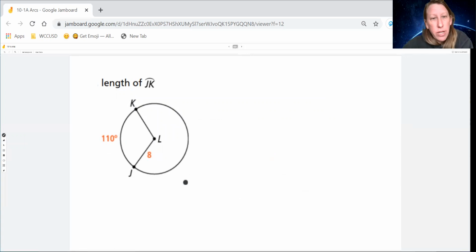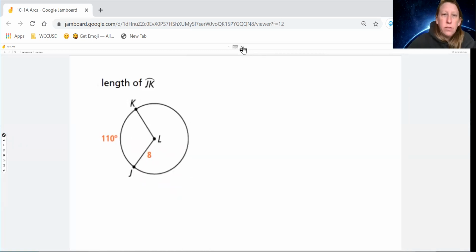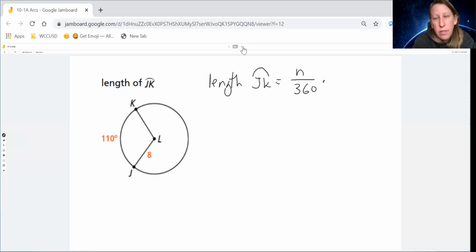Okay, let's do the length of JK first. And we've been playing with this idea, so I'm just going to use the formula for this one. The length of JK is n out of 360 times 2 pi r. 2 pi r is the circumference.